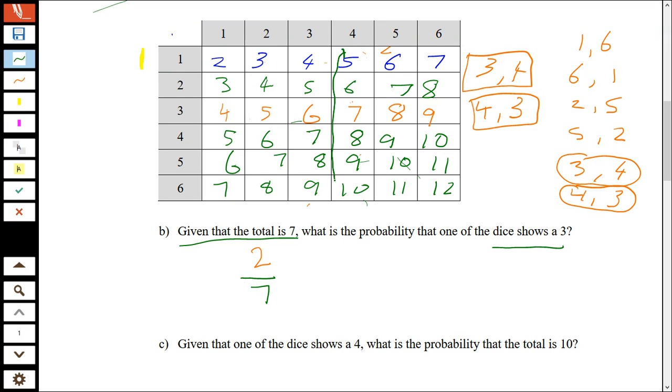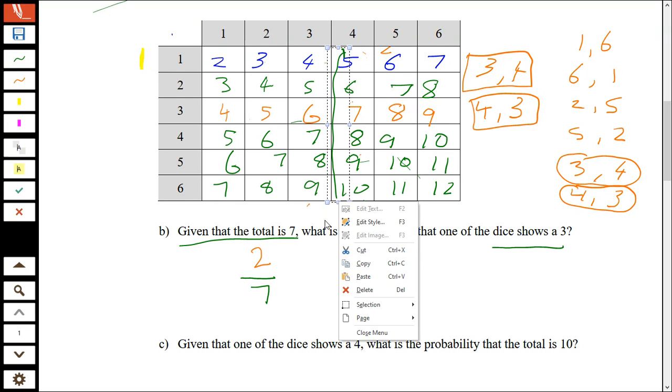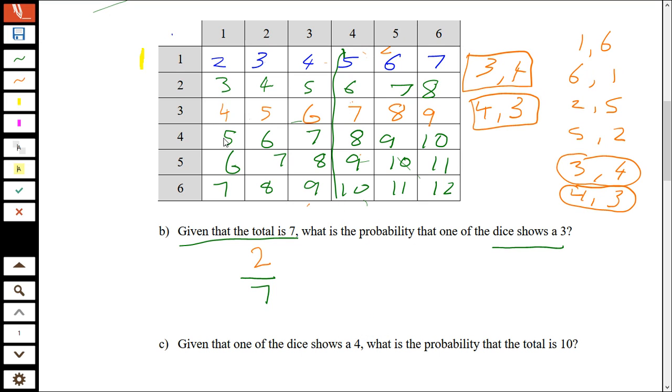Now, I'm looking at, okay, so all these numbers here. Oops. So click back on the, press the wrong button there. Now, all these totals of the two dice contain a 4, and all of these here contain a 4.